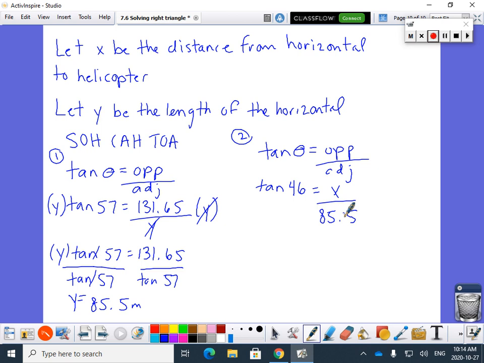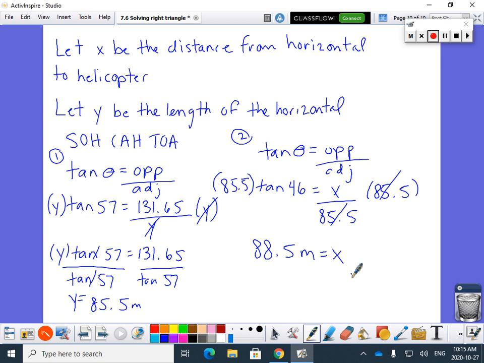In order to get rid of my fraction, I'm going to multiply this side by 85.5, this side by 85.5. Crosses out. Someone do 85.5 times tan 46, and you would get 88.5 meters equals x.